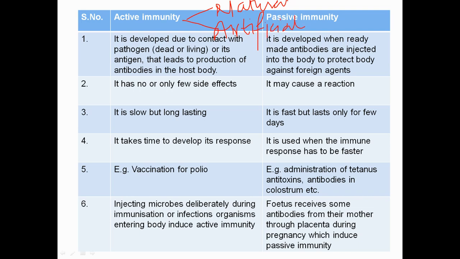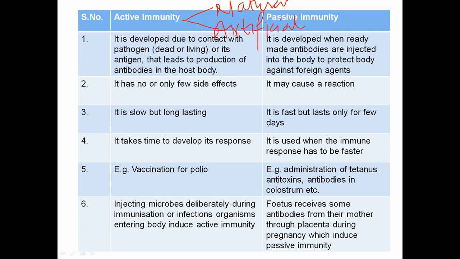What is natural active immunity? Natural active immunity is the kind of immunity developed by the natural response we have. When a pathogen interacts in our body, antibodies are secreted. This is a default system of our body.